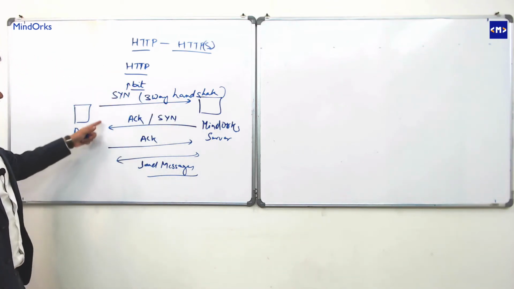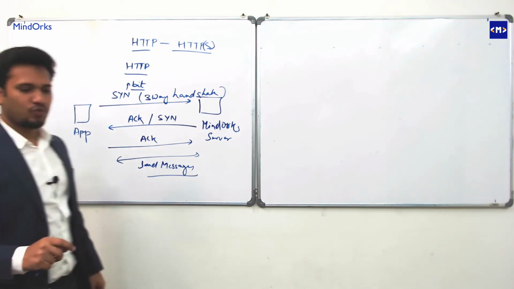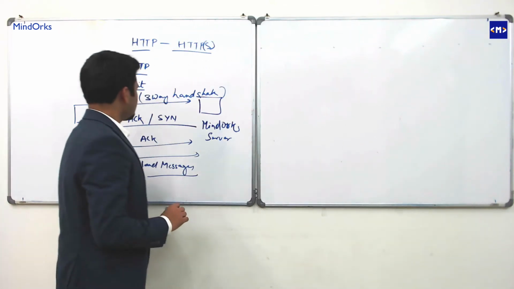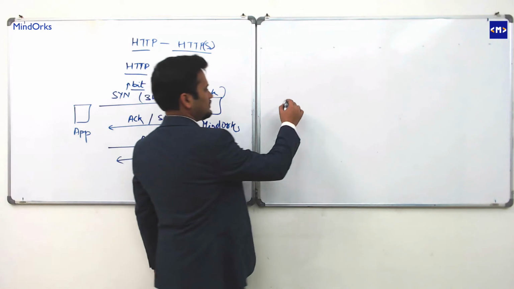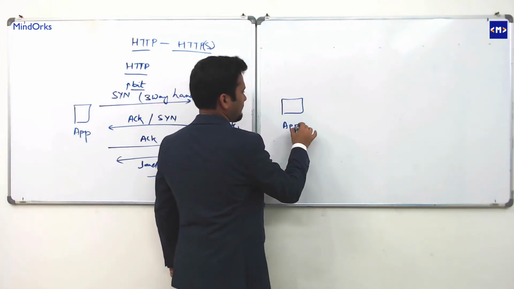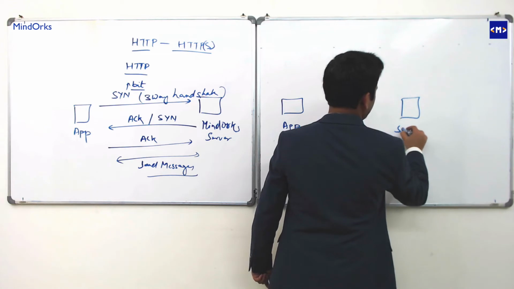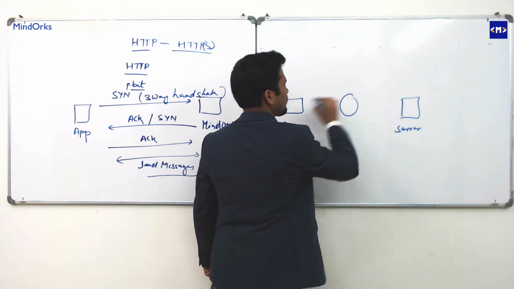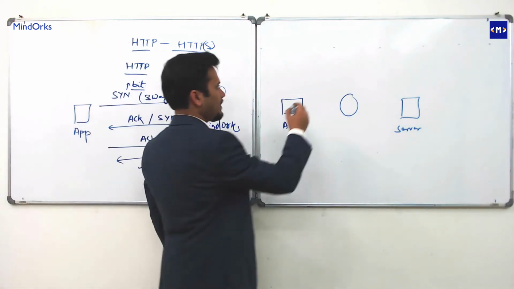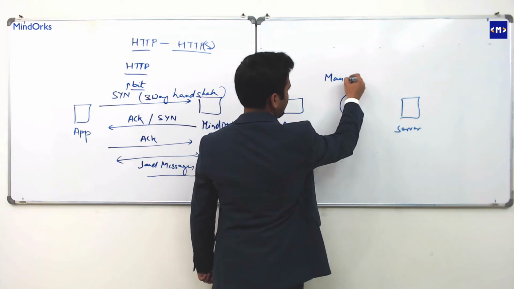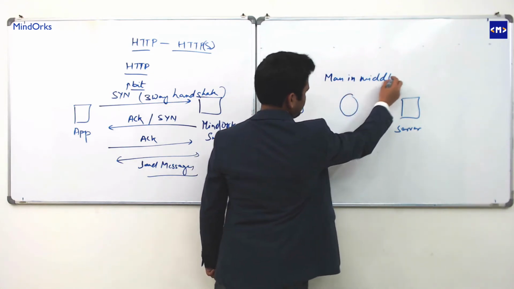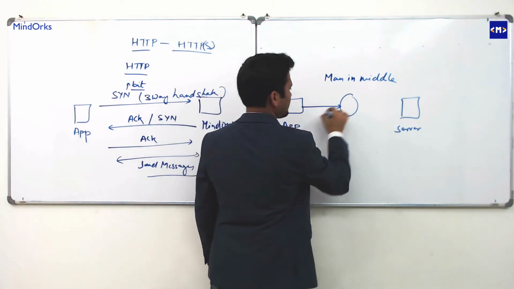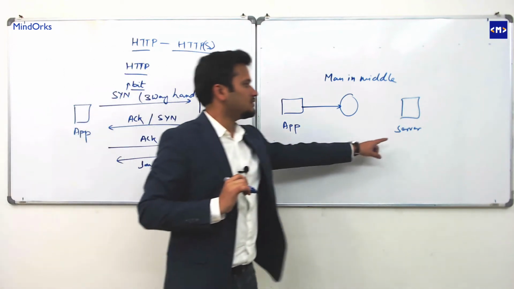Now let's understand why this was unsecure, why it is dangerous. Suppose between this app and server, some proxy layer comes, somebody comes, this is called man in the middle. Now the app will send information to this server.